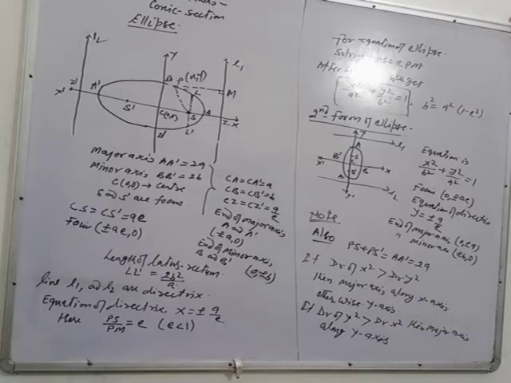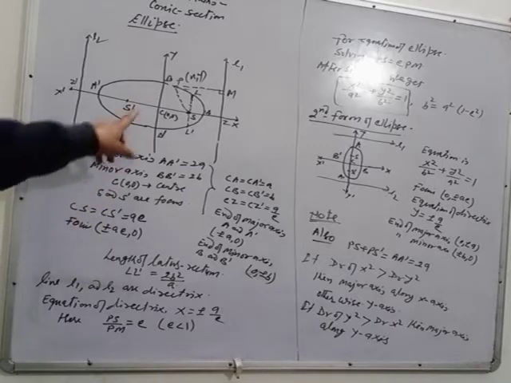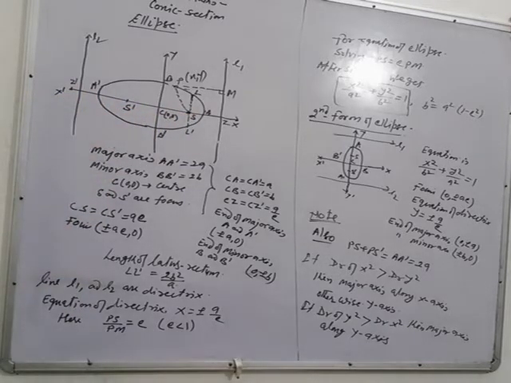Means here CA is equal to CA dash, the semi-major axis. CB is equal to CB dash, the semi-minor axis. Also CS is equal to CS dash. There are two foci in an ellipse, S and S dash. So CS is equal to CS dash is equal to AE.